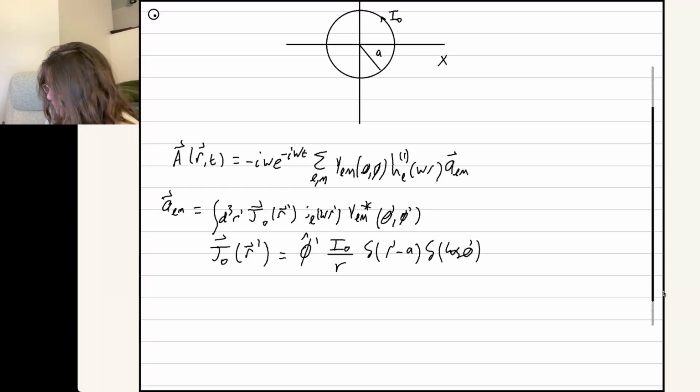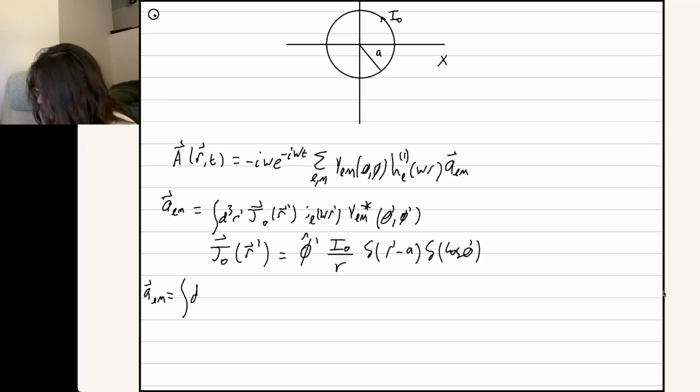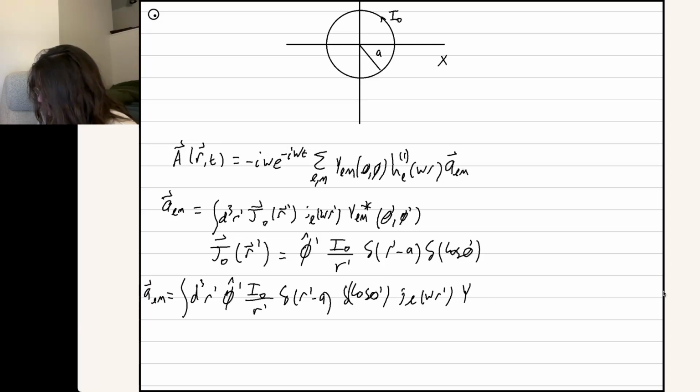Then the multipole constant will be given by this integral d3r prime of phi hat prime I naught over r prime, delta of r prime minus a, delta of cosine theta prime, and then the spherical Bessel function and the spherical harmonic.